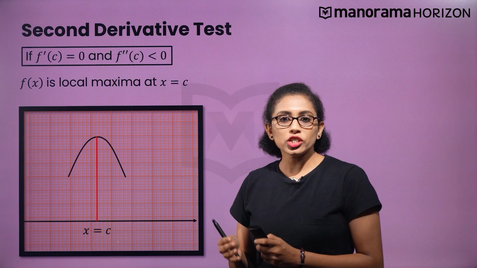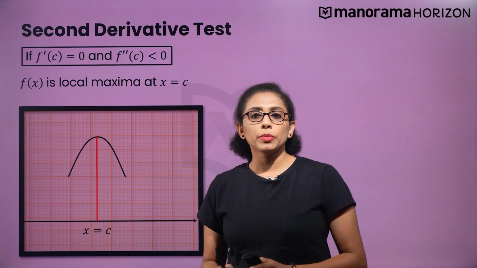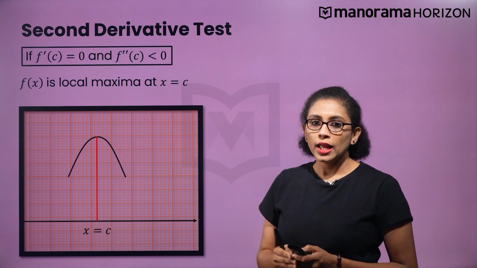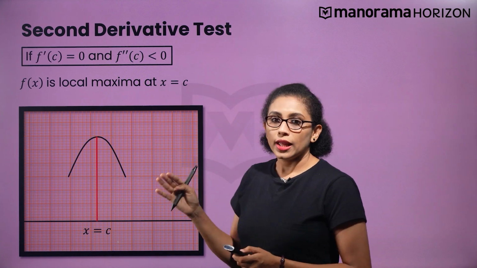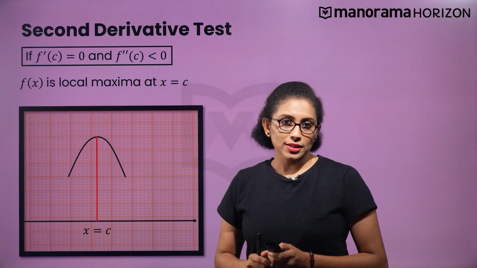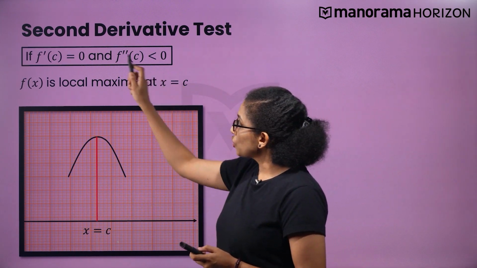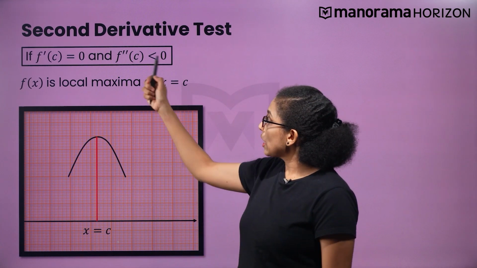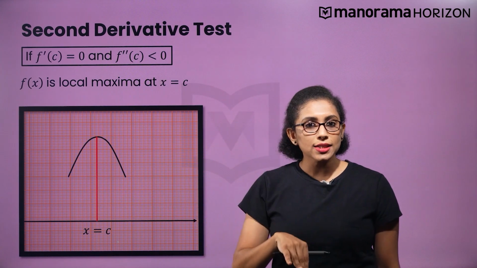Let f be a function defined on an interval I and c belongs to I. Let f be twice differentiable at c. Then x is equal to c is a point of local maxima if f dash of c is equal to 0 and the second derivative, that is f double dash of c, is less than 0.